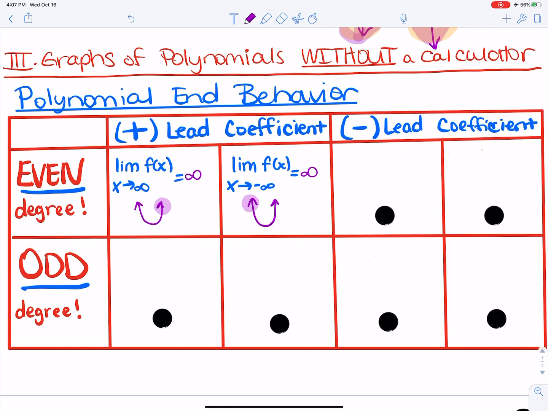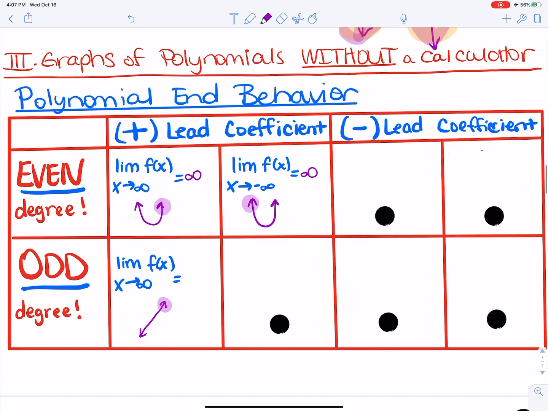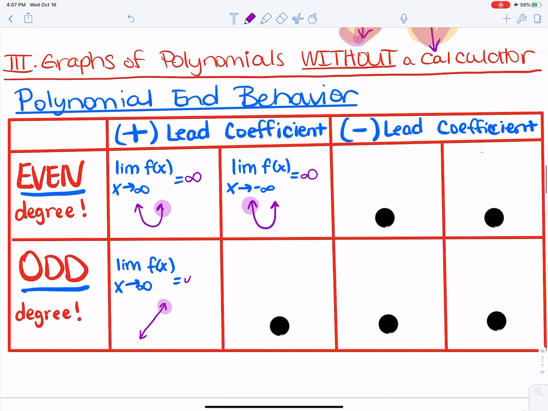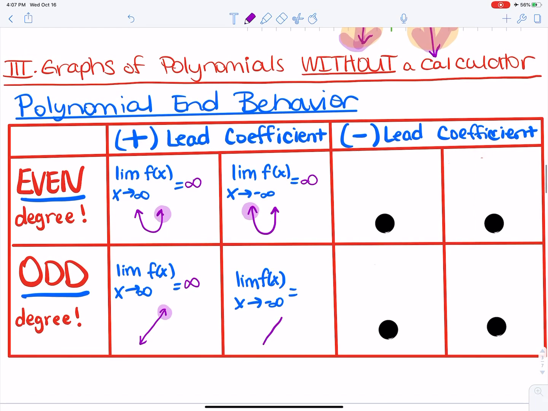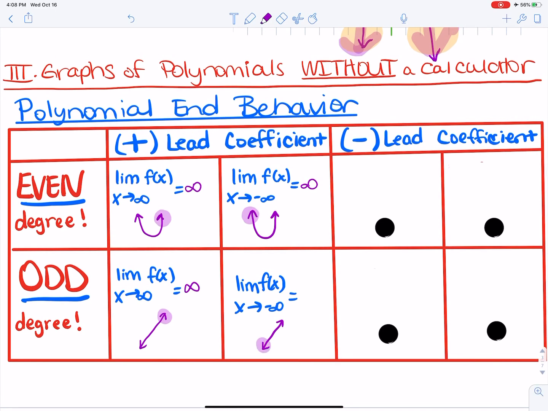Now what about if it's odd? So if it's odd and it's positive, it's essentially the same type of situation, sort of. So it's a line though this time, and positive infinity is to the right. So this is positive infinity because it's up. But then when you approach negative infinity of the same picture, that is going to be to the left, and being to the left is negative infinity.